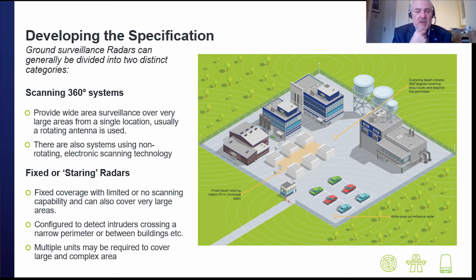Another thing to consider is that there are a couple of different sorts of radar, split into two types. There are the scanning systems, which will cover 360 degrees, so you can cover very large areas, and that can be configured to detect intruders crossing a very narrow perimeter or between buildings, etc. And there are also the fixed radar systems, which again can cover very large areas, but if you do need 360 degree coverage, then additional sensors will probably be required to cover the whole site.